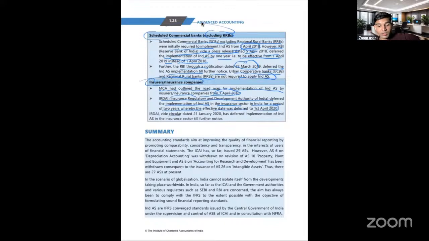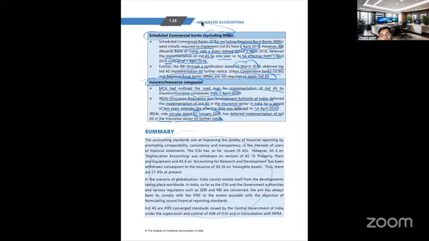Then the IRDA, through a circular dated 21st January 2020, deferred the implementation of Ind AS in the insurance sector till further notice. So IRDA and RBI deferred Ind AS implementation.